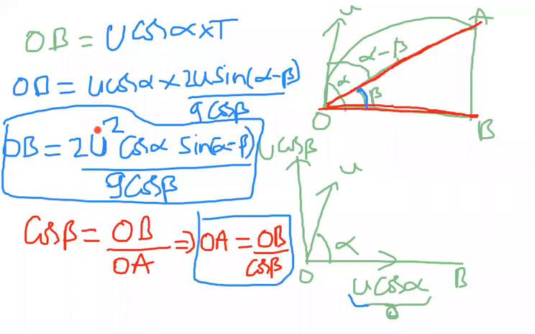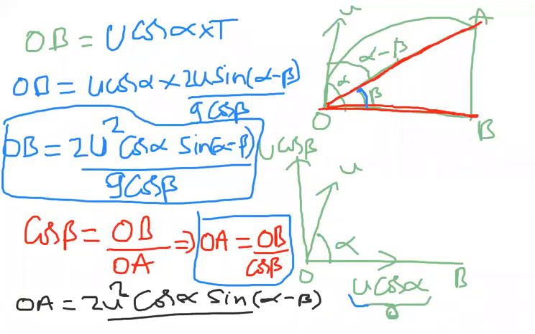If we divide this OB value by cos beta, since cos beta is already there in the denominator, we'll get cos squared beta in the denominator. So what I will get for OA, which I am calling the range, is OA equal to 2u squared cos alpha, the above expression, sin(alpha minus beta), by g, since one g is already there.